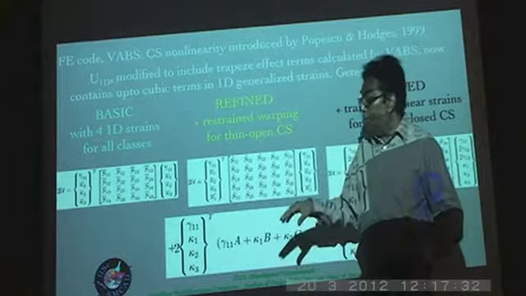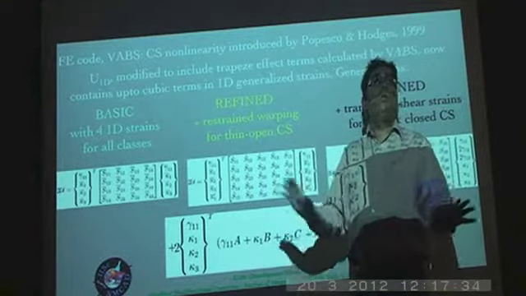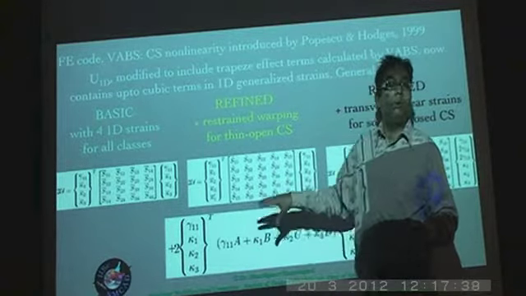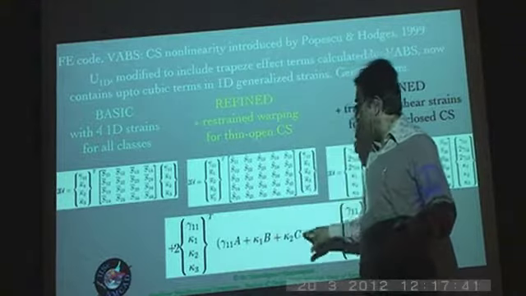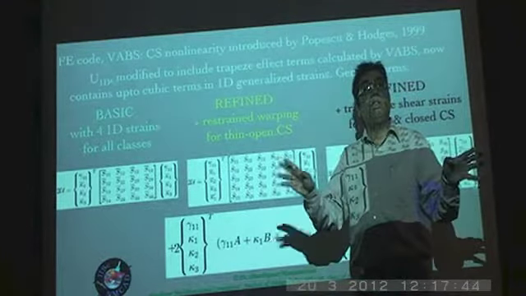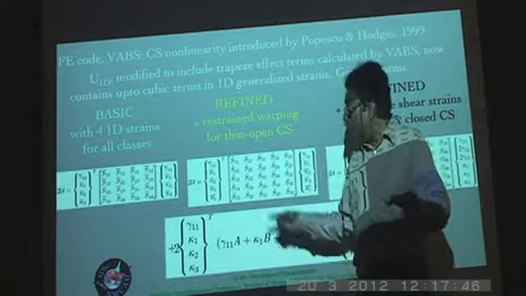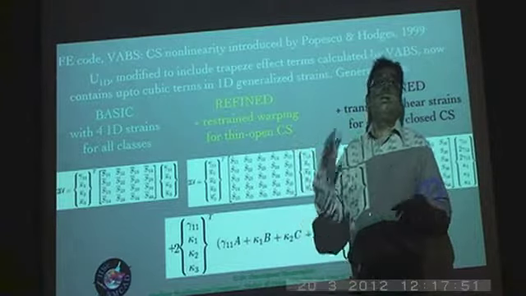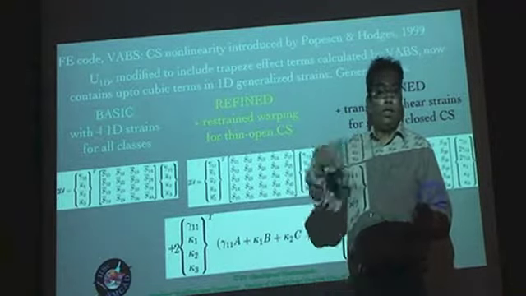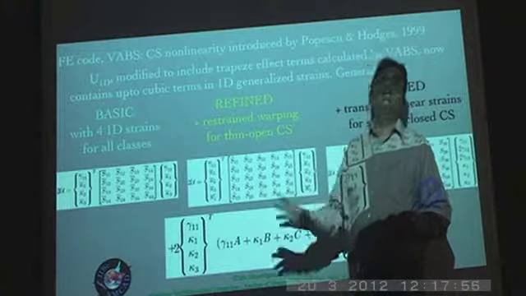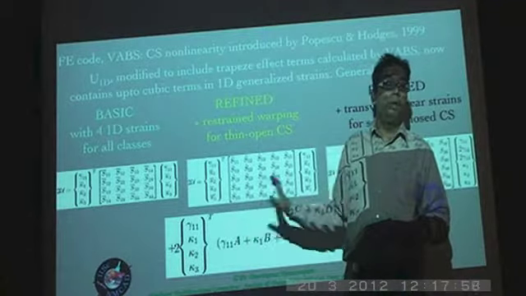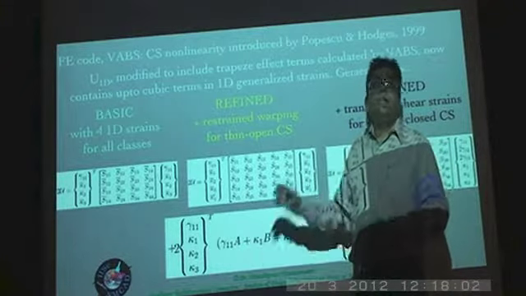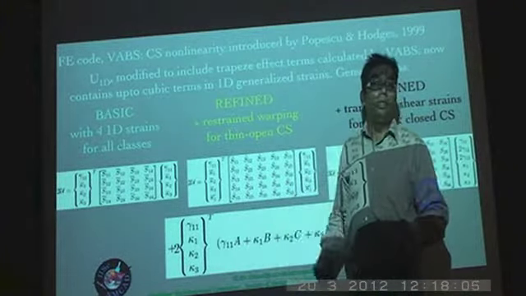But trapeze effect is the more commonly observed nonlinear effect, but there are other nonlinear effects which are also important. Most of the elements of your A, B, C and D for most cross sections that you deal with will be zeros. But there will be terms other than A12 and B12 also. Depending upon a particular cross section, the geometry and also the material distribution, sometimes they might cause important effects which don't have specific names, at least as of now, but are equally important to the so-called trapeze effect.